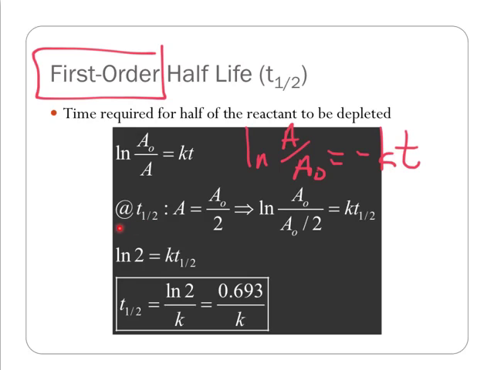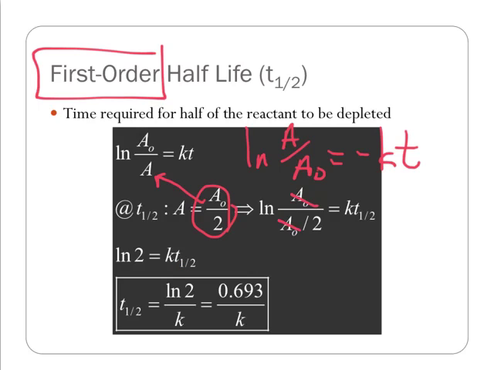Once I get to the half-life, my concentration of A is going to be 1/2 the concentration of A0. So now if I plug in A0 over 2 for A, I get this relationship here. Natural log of A0 over A0 over 2 is equal to kT1/2. As you can see, the A0s factor out, and I have the natural log of 1 over 1/2, which is just the natural log of 2, and that's equal to kT1/2.